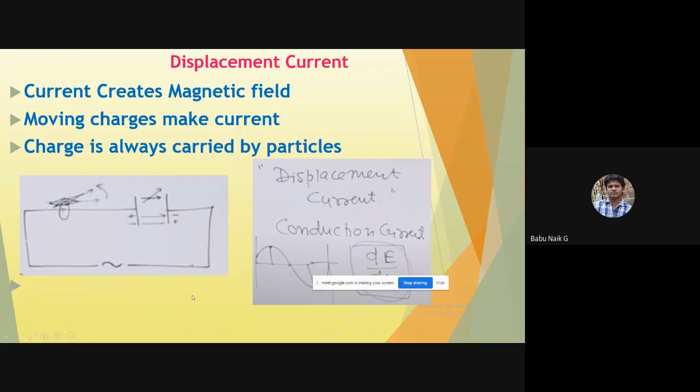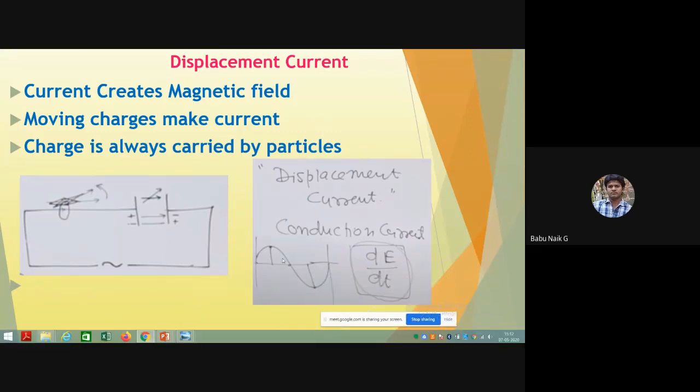It depends on the input signal which we have taken, which is sinusoidal. After turning on the supply to these parallel plates, first one plate will charge positive and the other plate will charge negative. Then, coming to the negative cycle, the first will charge negative and the other positive.